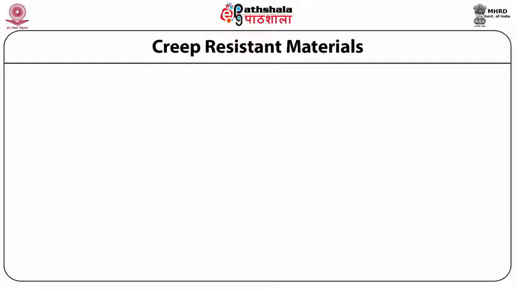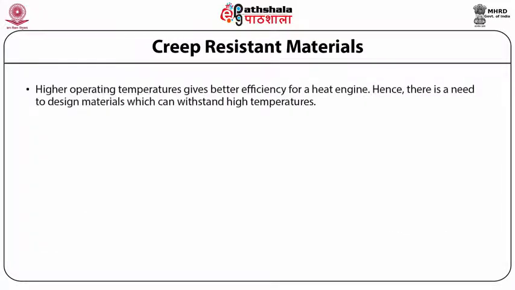Now let us discuss creep resistant materials. High operating temperatures give better efficiency for a heat engine. Hence, there is a need to design materials which can withstand high temperatures.